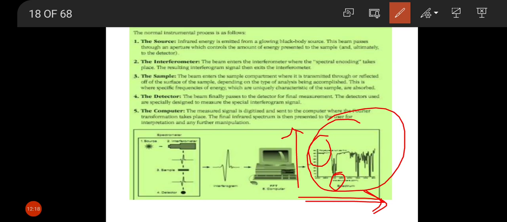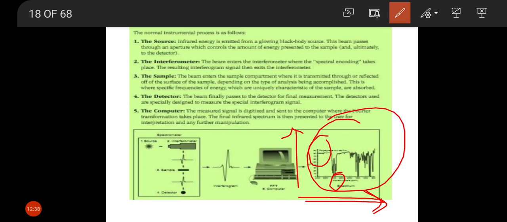For example, at 400 on the x-axis we see only 20% transmittance, because 80% of the light was absorbed by the sample, and similarly for 500 we see 30% transmittance.